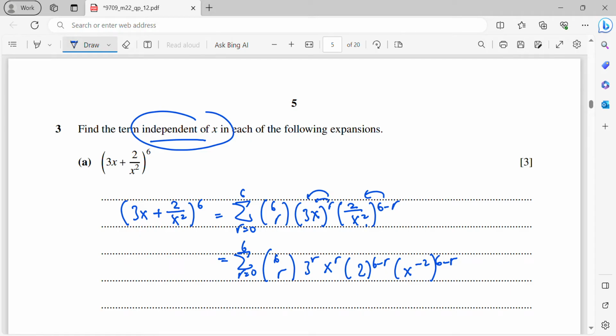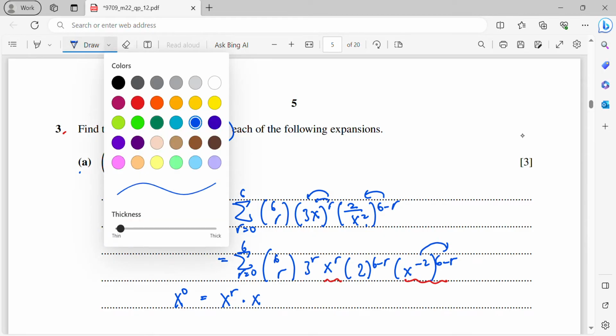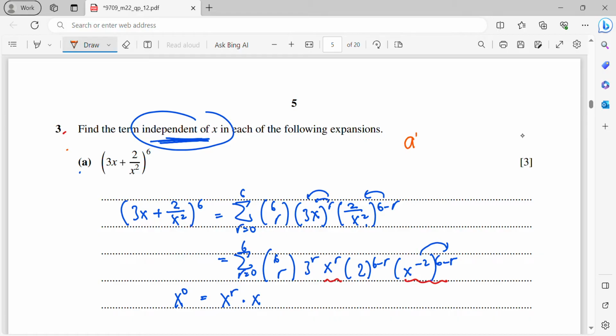Alright. Now here, I will write down that term independent of x is basically referring to x degree 0. So when x degree is 0, I will just compare the terms on the right side for the terms with base x. So I will get x degree r multiplied with x degree negative 2 times 6 minus r, because we have a formula here. If a power m, then another degree n outside, you can just bring it in.